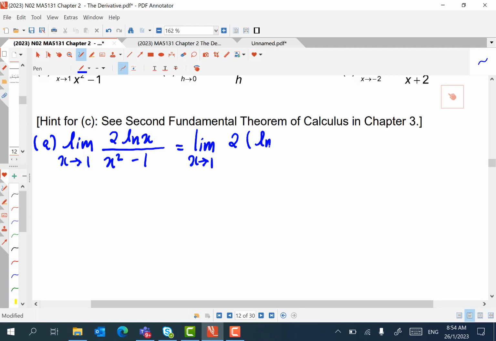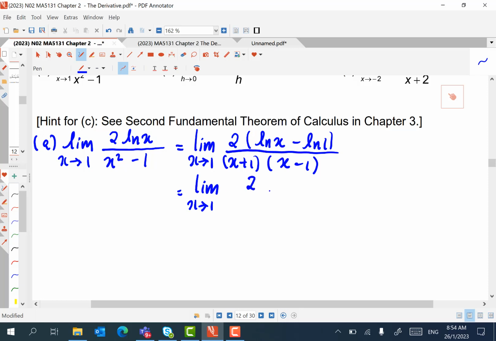One way is to see this as like that, and then like this, and we know that the limits of both functions exist.